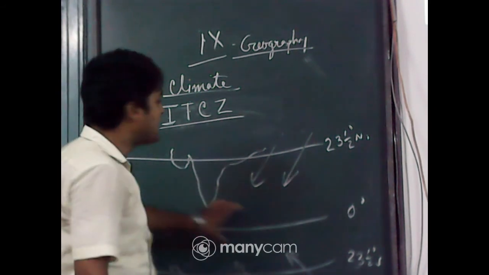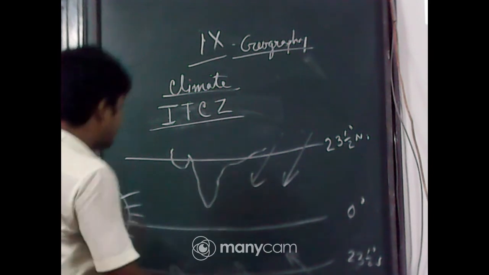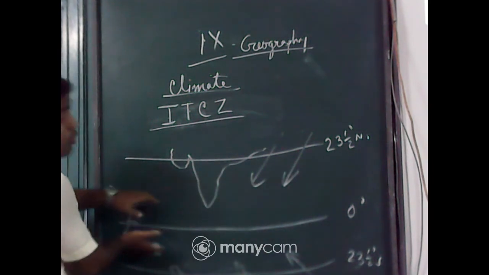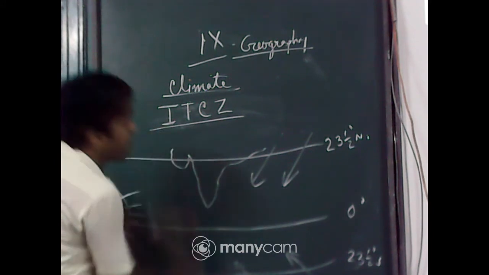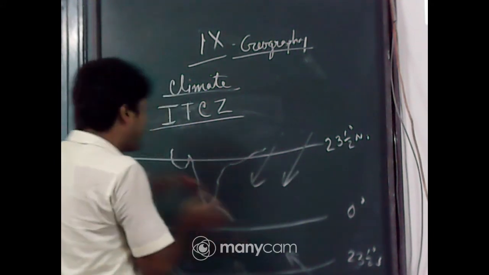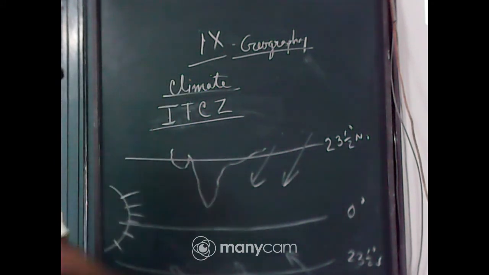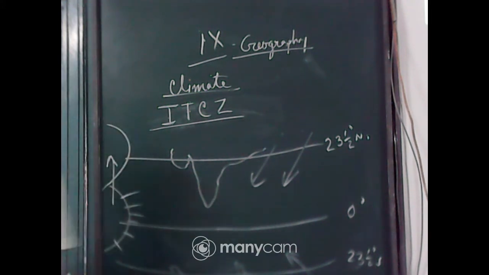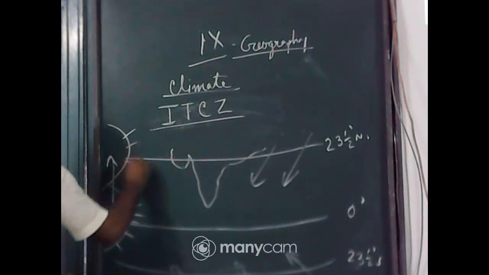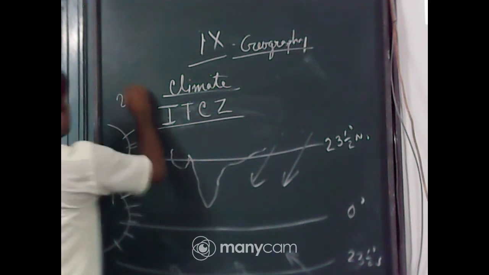And this is ITCZ. This ITCZ will be shifted to the Tropic of Cancer and Tropic of Capricorn due to the apparent movement of the sun. When the sun is situated on the Tropic of Cancer, you know which day? 21st June.